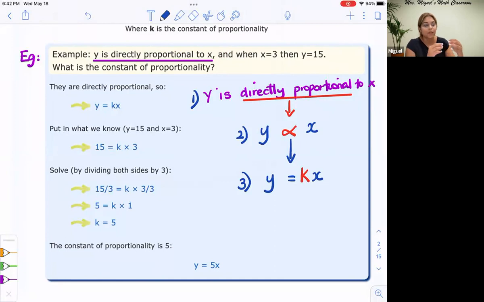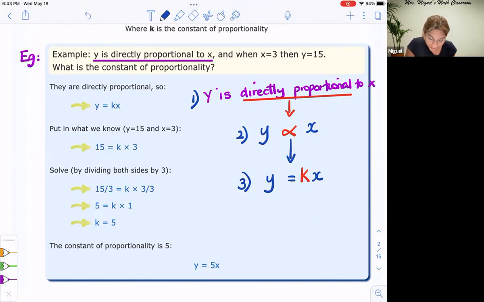It means that as the number of hours you work goes up, your earnings go up. If you work more hours, you get a high pay. If you work less hours, you get a less pay. So your earnings is related to the hours of pay. That is how it is related.